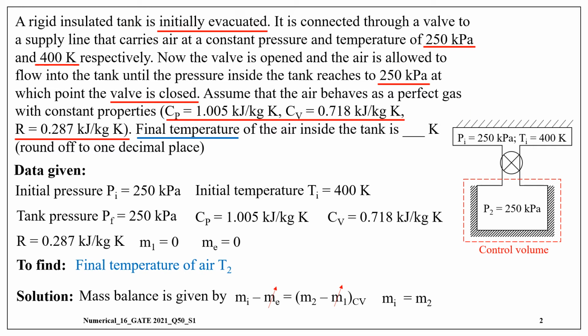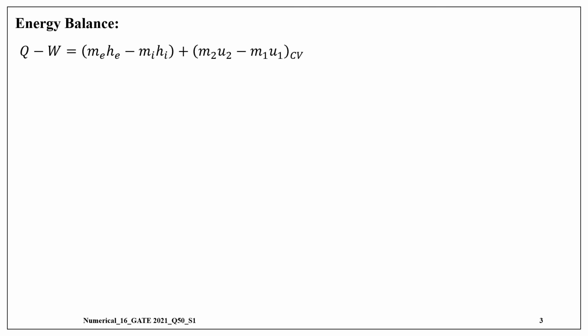Now, we will apply the energy balance equation. For an unsteady flow process, energy balance is given by Q minus W is equal to change in enthalpy plus change in internal energy of the control volume.